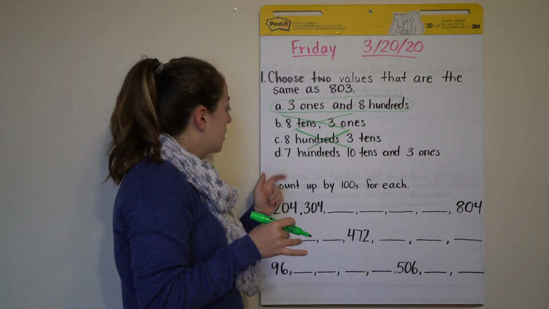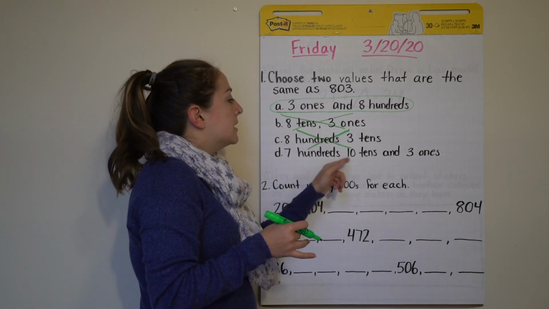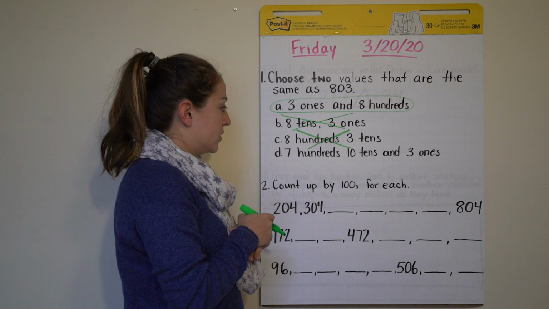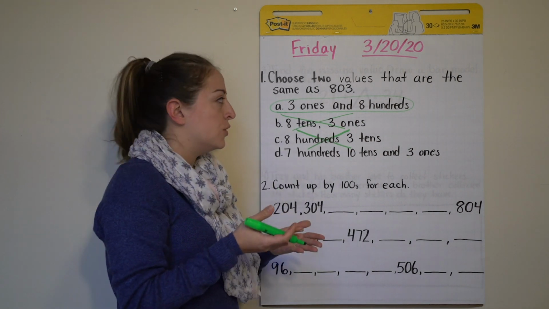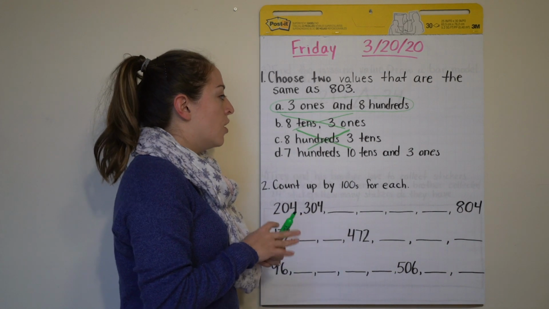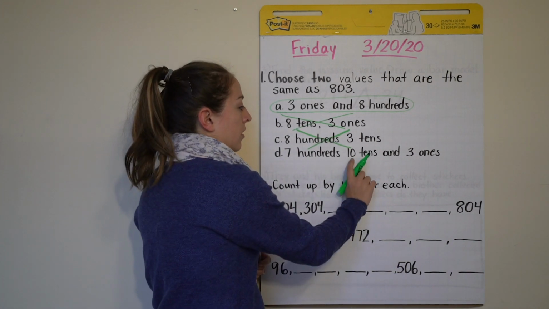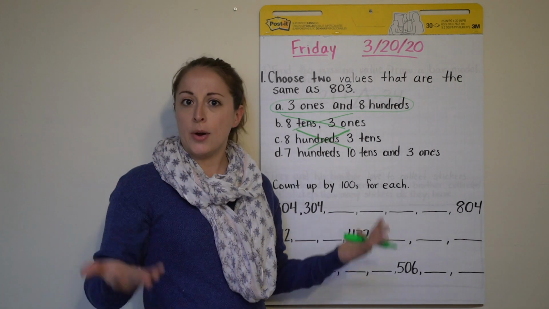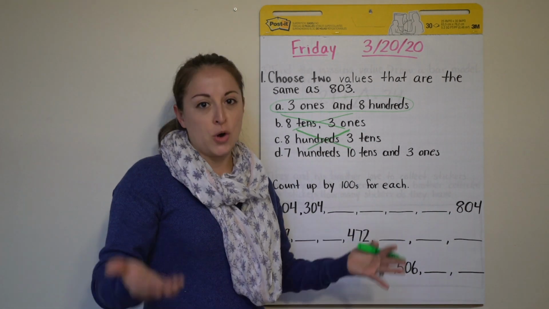Let's see. 7 hundreds, 10 tens, and 3 ones. Wow, okay. So, if you're confused because it's 7 hundreds, but there's 8 hundreds, really think about the 10 tens right here. We know that 10 tens makes what? 100.